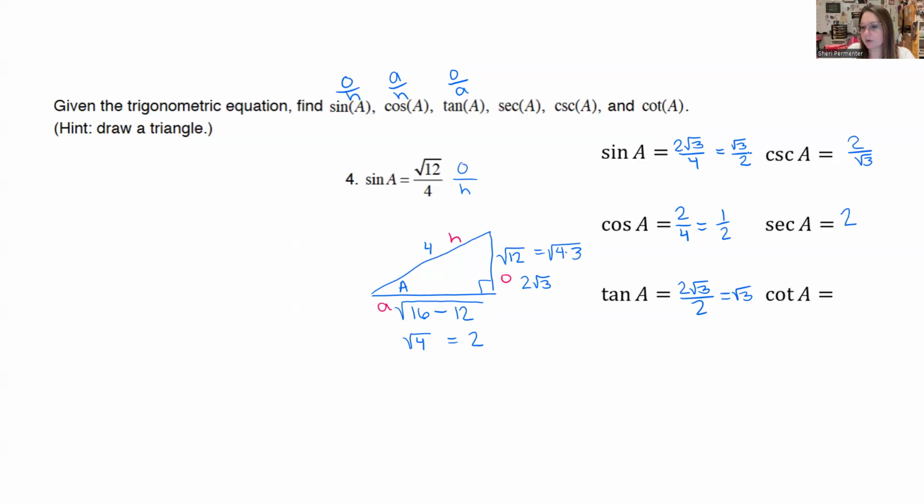And then square root 3 becomes 1 over square root 3. Beautiful. Any questions? Okie dokie. Triangles are your friends. Pictures are friends. Please draw pictures for this whole unit.